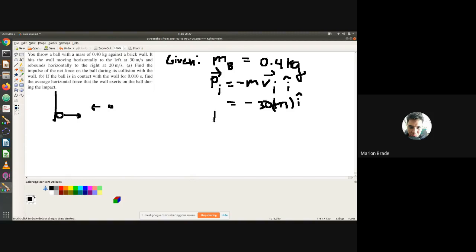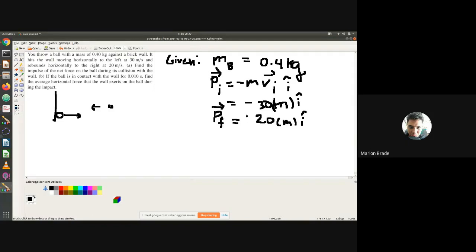So the final momentum is equal to positive 20 m i hat. And I forgot to write that this is a vector quantity.